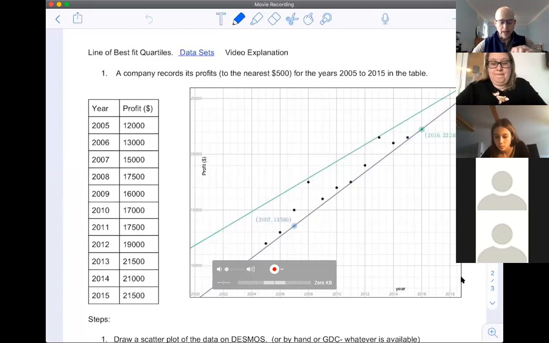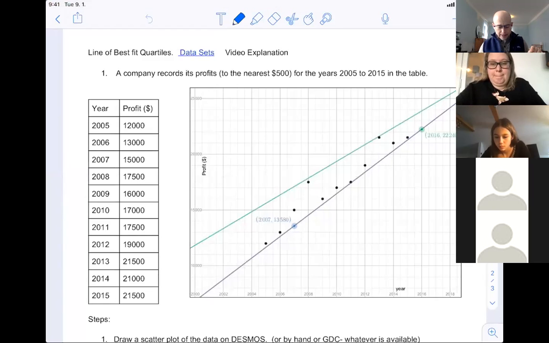All right, so on this last one here, it's the same question that we've done twice, but we're going to do a third method of finding lines of best fit. With lines of best fit, there's lots of possible lines that are reasonable, so we have to use the data points to help support our reasoning. I call this one the best fit line with quartiles.